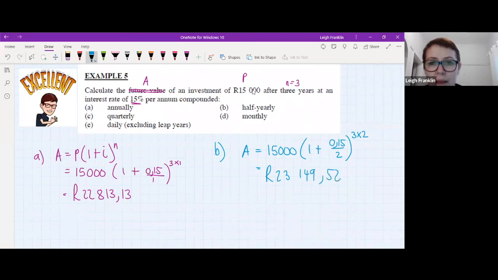Now, if we compare these two answers, can you see that the more frequently it's compounded, the faster the money grows? Okay. Now that I've shown you this, you should remember how to do the rest of them. Yes, that's perfect, Timna. Would you know what to do with quarterly?